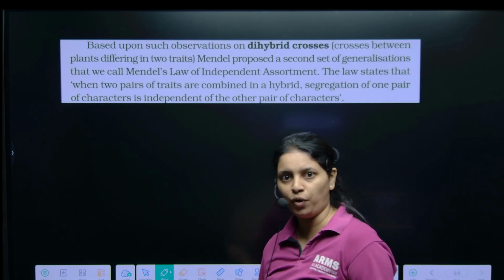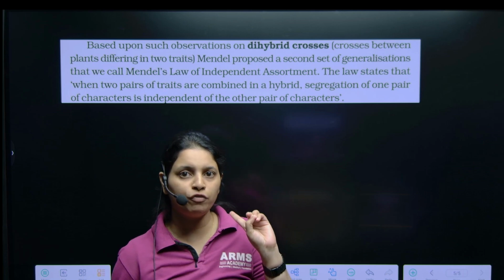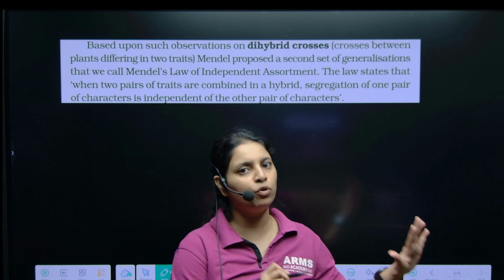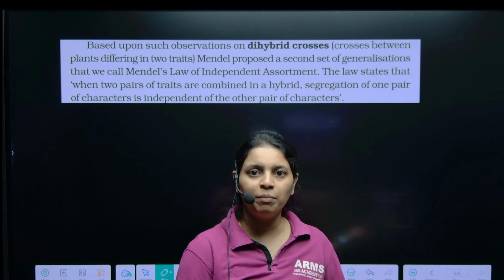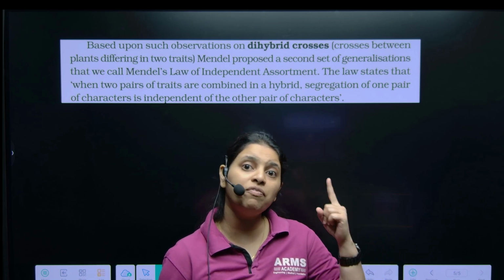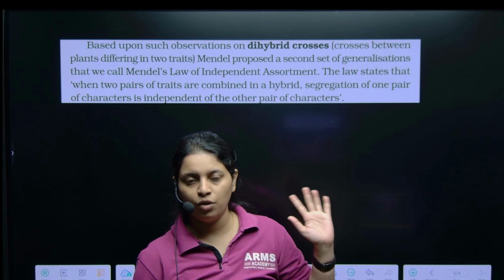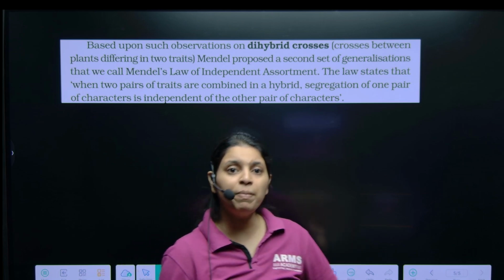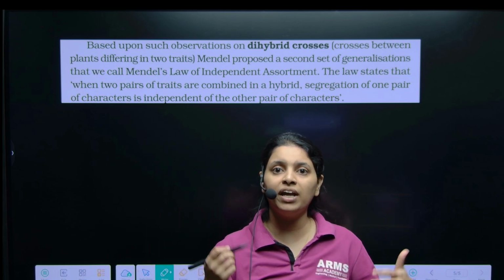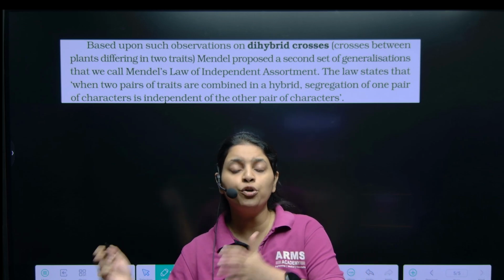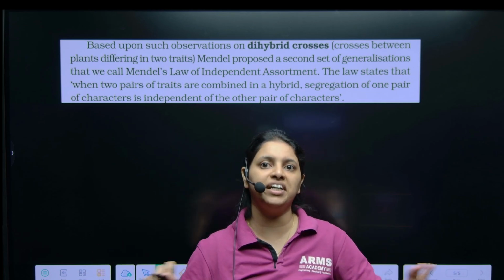So this is very important. See, the first two laws, law of dominance and law of segregation, could be easily explained with a simple monohybrid cross. But in monohybrid cross, we consider only one character. So we can't explain the third law with monohybrid cross. In independent assortment, basically we explain how the genes controlling two different characters assort independently.